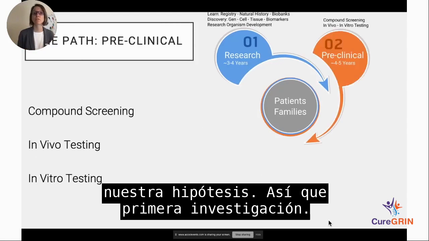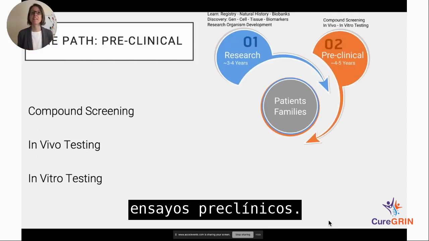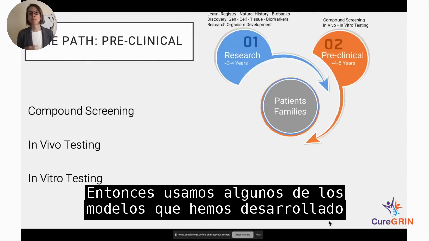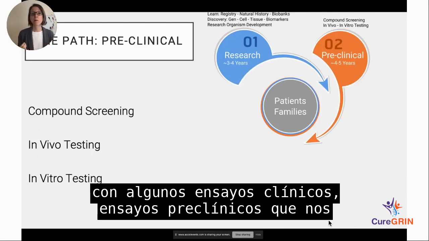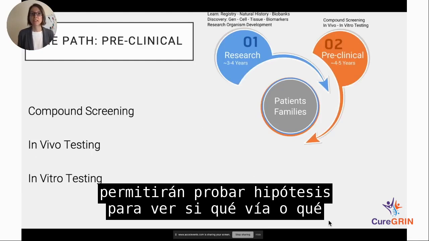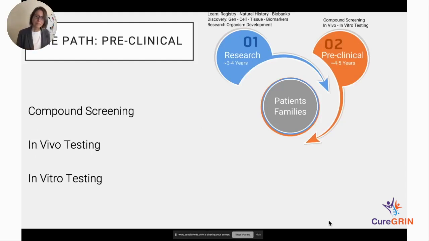So first, research. Once we're at that stage, we can move to preclinical assays. So we use some of the models that we developed before, the knowledge that we gathered before, and we start with preclinical assays that will allow us to test hypotheses to see which pathway or which biological point is more affected than the other one.